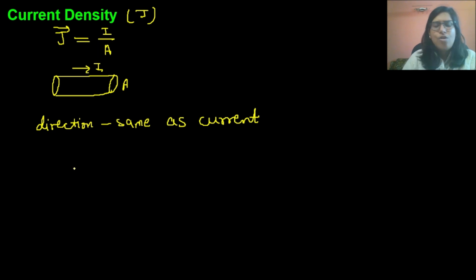And the unit of current density will be ampere per meter square.